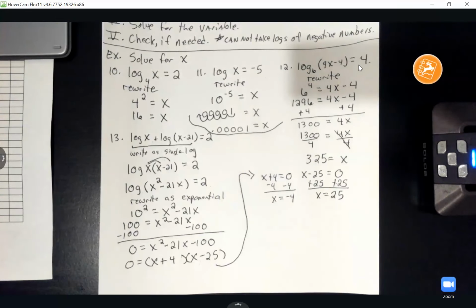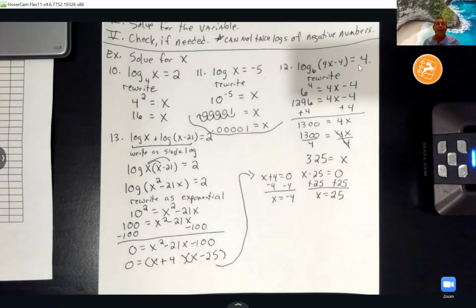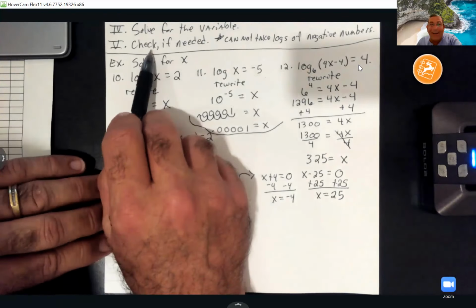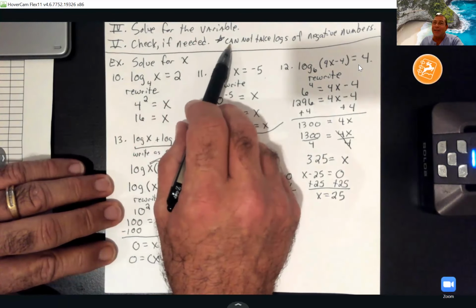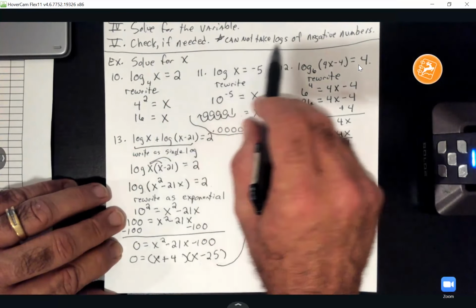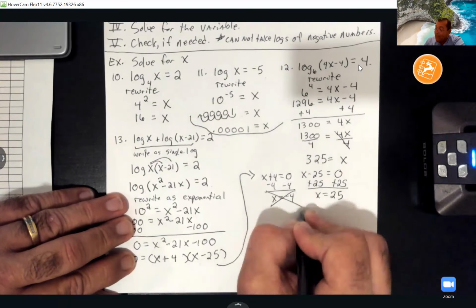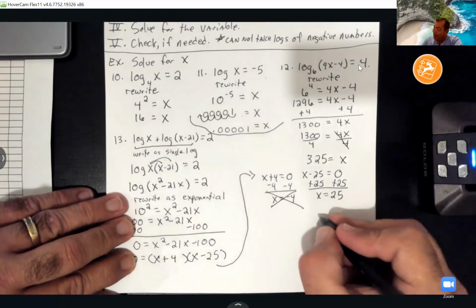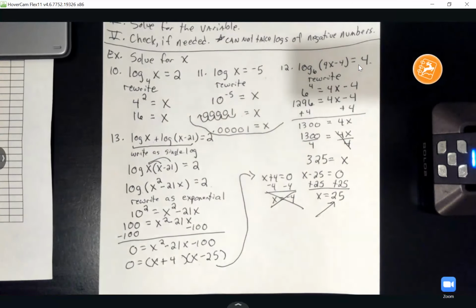Is it negative 4 and 25? Oh, y'all, what'd we say right here on this? Check if needed, because 25. Oh, it's gonna be 25. Yeah, because on this one, you gotta cancel out that negative answer, y'all. Okay. And the only answer is the 25.